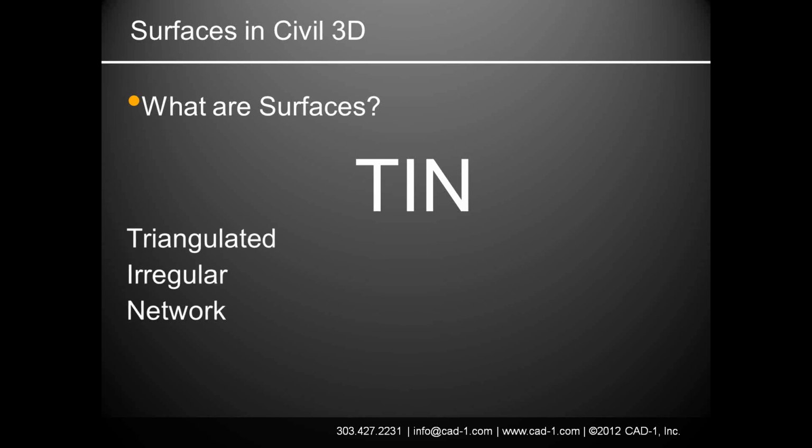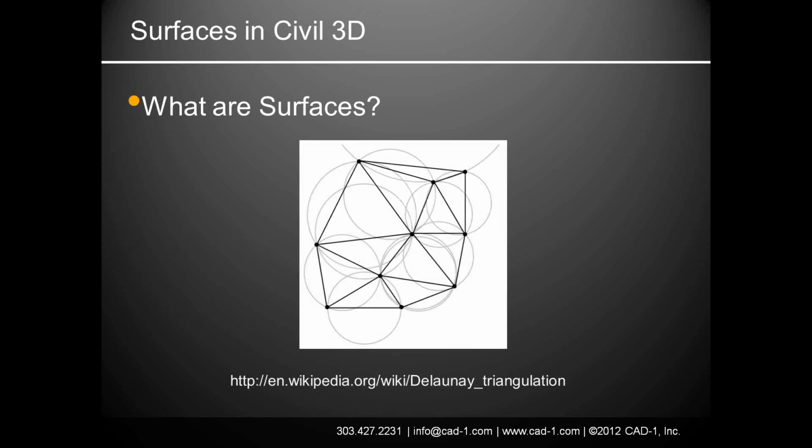And if you really want to geek out on exactly what a TIN is, it's a series of points that are connected so that a circle drawn through those 3 points doesn't enclose any other points. And I put a link up here. If you can go look at the Delaunay triangulation method on Wikipedia, it's got some pretty good information on it for any fellow geeks here. So I'll just leave it at that. But basically, it's a bunch of triangles.